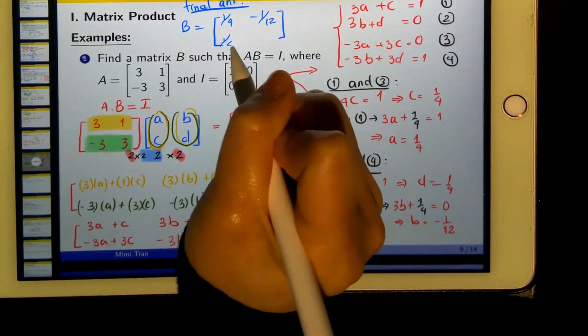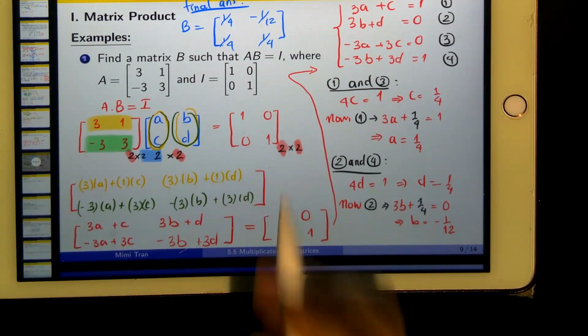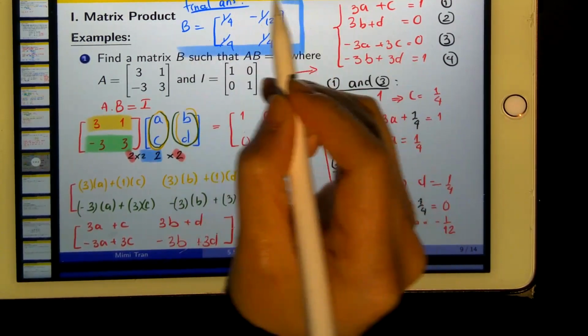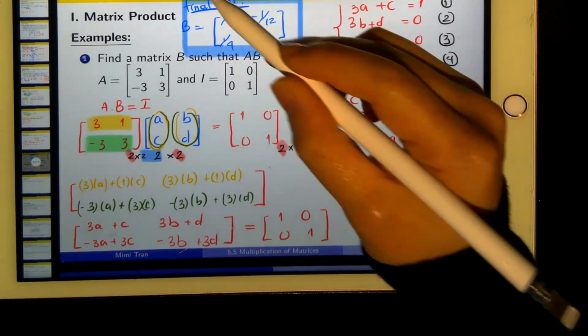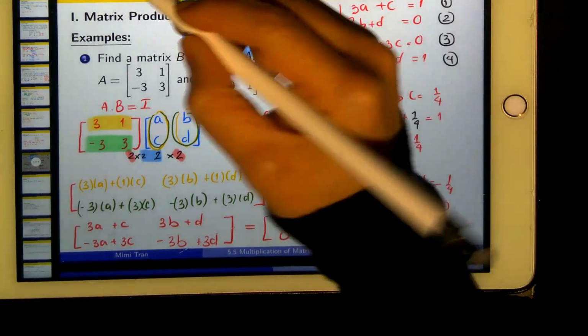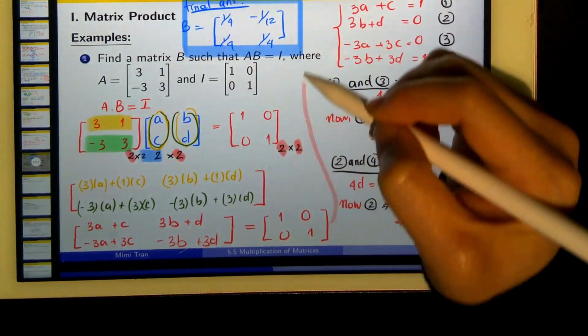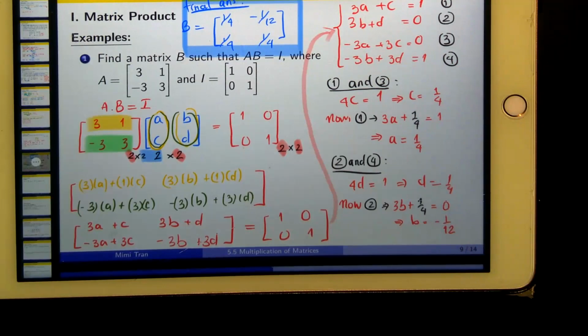C is 1/4. D is 1/4. That's it. Done here.